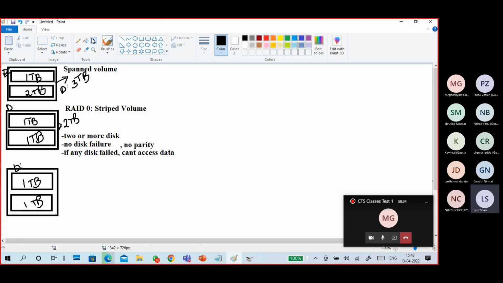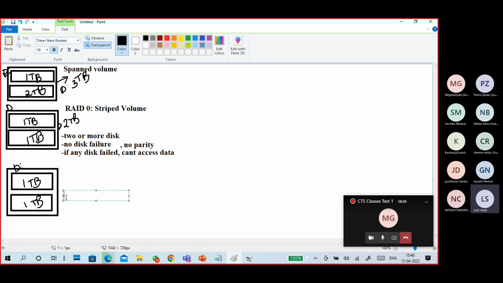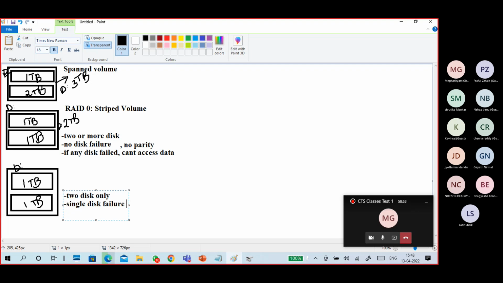So in this one, we use only 2 disks. It is a single disk failure tolerance, without parity.